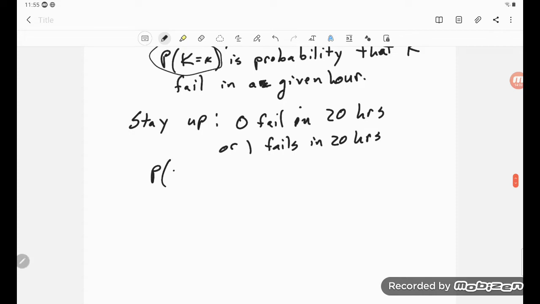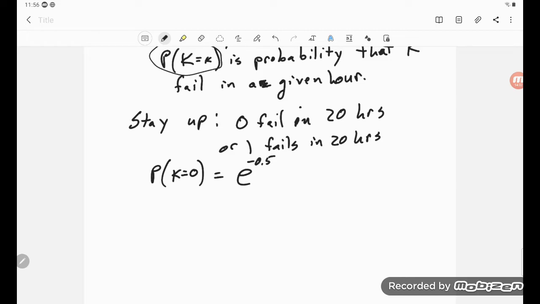The probability that k equals 0 is lambda to the 0, so that's just 1, times e to the minus lambda, but lambda is 1/2, so e to the minus 0.5.